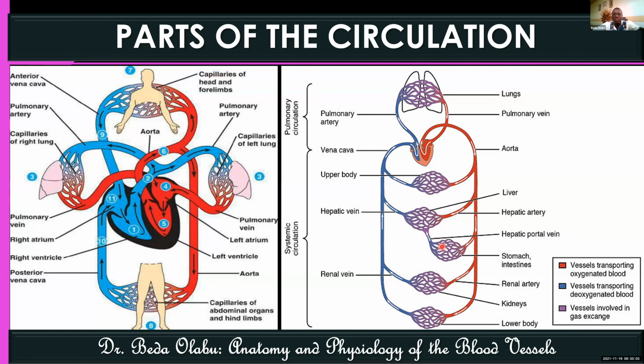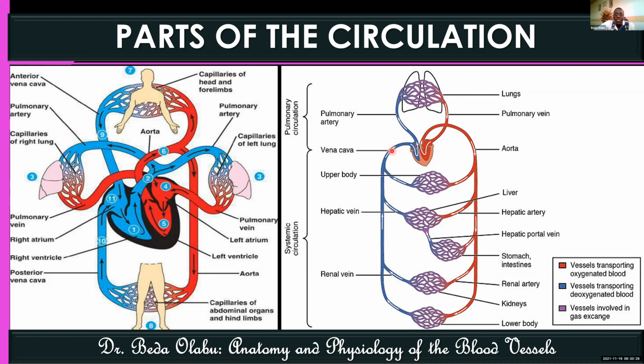So we have the glomerular capillary, then the efferent arteriole, and then peritubular capillaries. So you have two capillary beds in the kidney. So that's also another example of a portal system. Those three examples are enough. At least you now know what a portal system is.